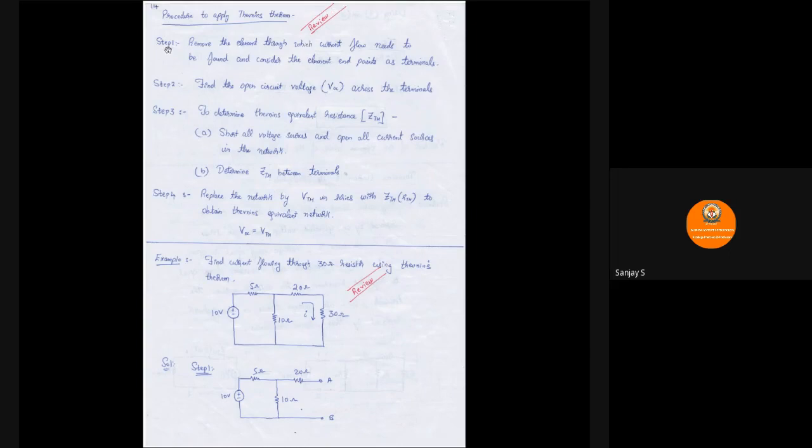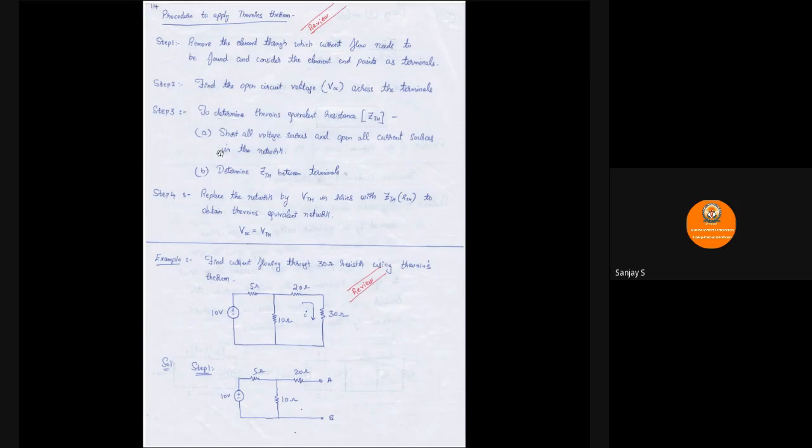Step 1: remove the element through which current flow needs to be found and consider the element endpoints as terminals. Next step, find the open circuit voltage across the terminals, which is VOC. Step 3: determine Thevenin's equivalent resistance or impedance, generally called ZTH. Since it is DC, you can directly take it as RTH.